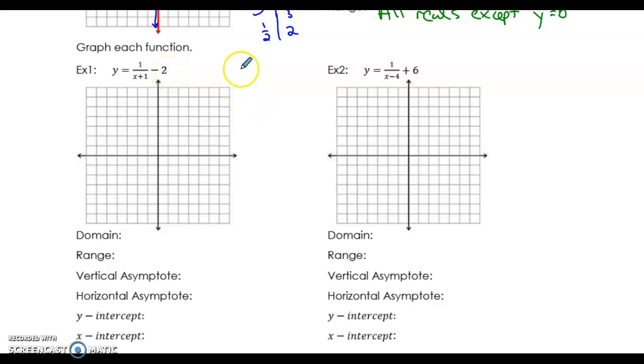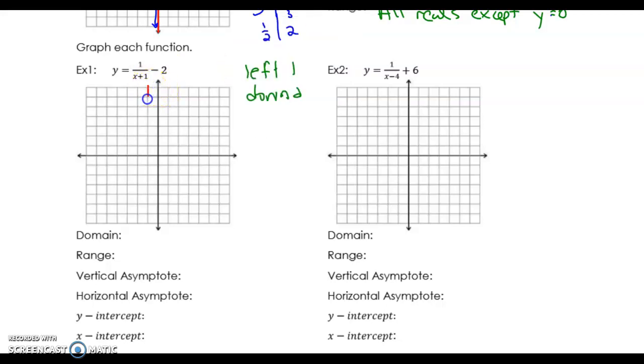So this one would be your original parent graph, just like up above, but left 1, and then down 2. Okay, so if I move this whole function left 1 and down 2, then my asymptotes now are also moving left 1 and down 2.